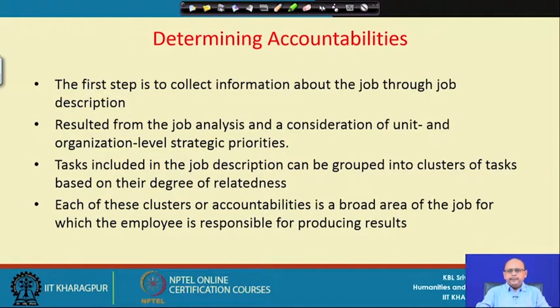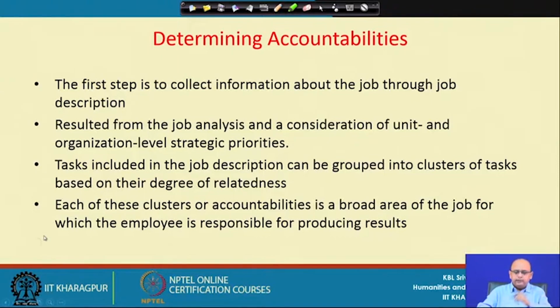The key accountability or the key performance areas of an individual come from the job description, and these key accountability areas contribute maximum to your performance. So, if you know what your key accountability areas are, what the objectives of each of these areas are, and what the standards against which your performance will be measured are, then you will be able to produce better results.